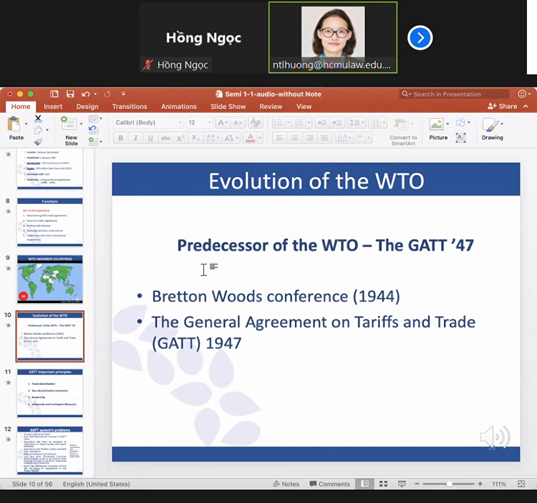This agreement is just an agreement, and it has a far weaker institutional basis. I also attached the GATT Agreement 1947 with the document. After this class, please spend time reading through the GATT Agreement to understand what exactly they agreed at that time.